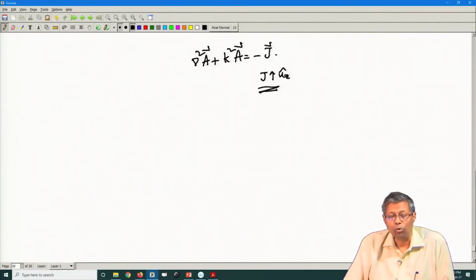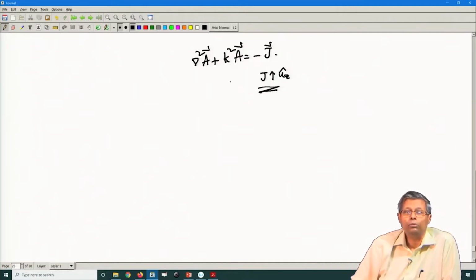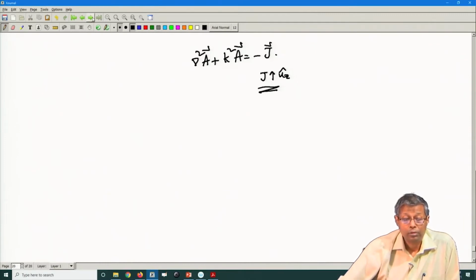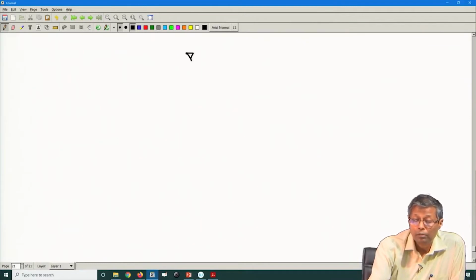So, a particular mode. Therefore, the orientation of A, which is reflecting the orientation of J, will generate a particular mode. Let me write down the Helmholtz equation once again.